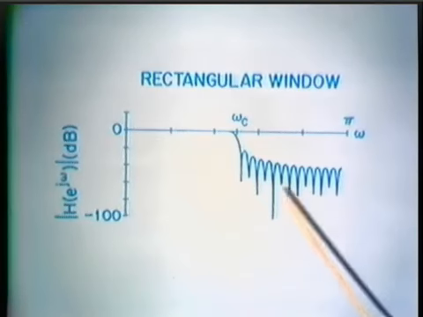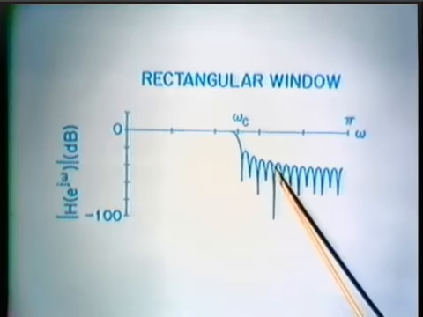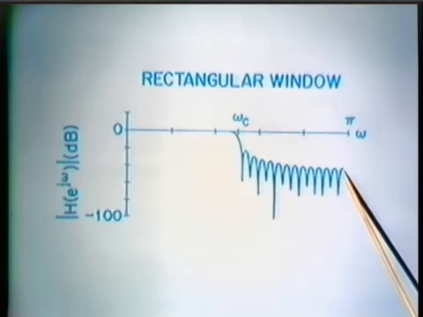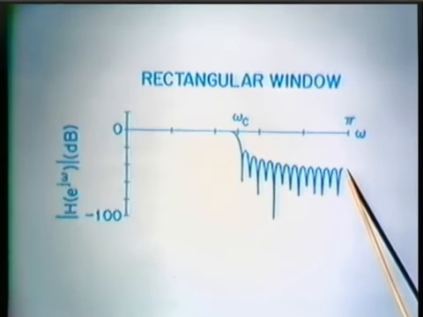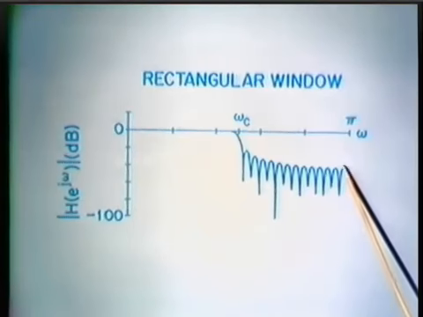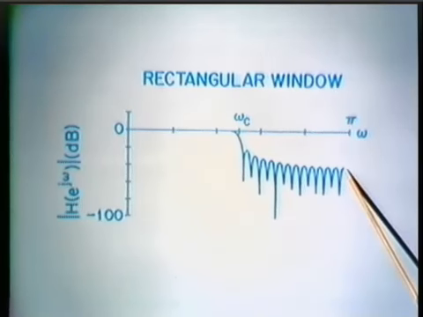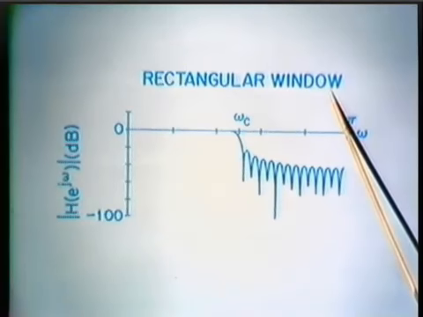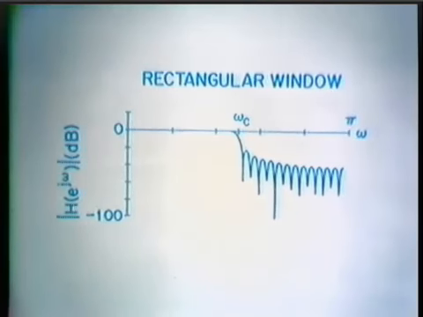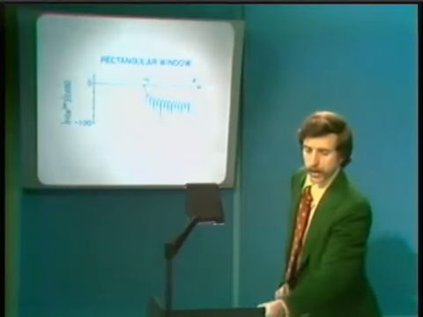And you can see also that the asymptotic behavior of this, for this particular example, is in the vicinity of minus 20 dB attenuation in the stop band. So this then is an example of a low-pass filter that could be obtained by applying a rectangular window to the ideal low-pass filter. There are other possible choices for windows.